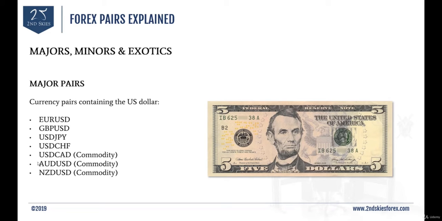USD CAD, which is a commodity currency. Aussie, US dollar. Kiwi, New Zealand dollar versus the US dollar. These are majors. So when somebody talks about a major, they're talking about a G10 country and a US dollar in there. And the US dollar, if you notice, can either be the counter currency or it can be the base currency. So those are any of the majors.